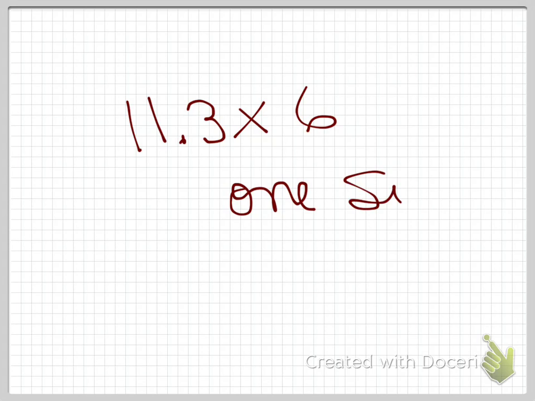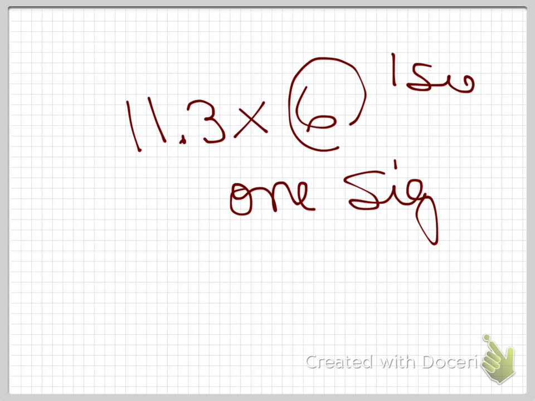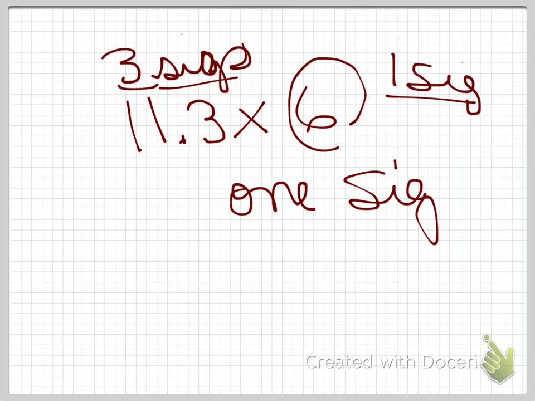For example, if you had 11.3 times 6, you're only allowed 1 sig in your answer because this has 1 sig. This has 3 sigs. So it doesn't matter what the answer is in this case. I'm just asking you how many sig figs would your answer have.